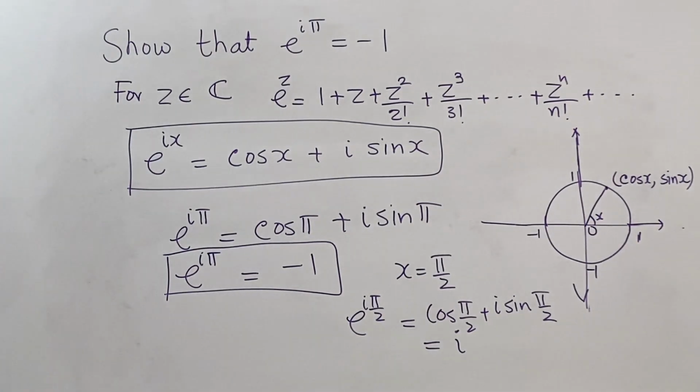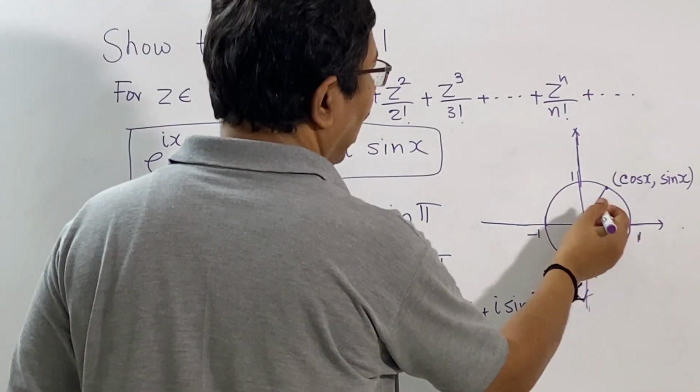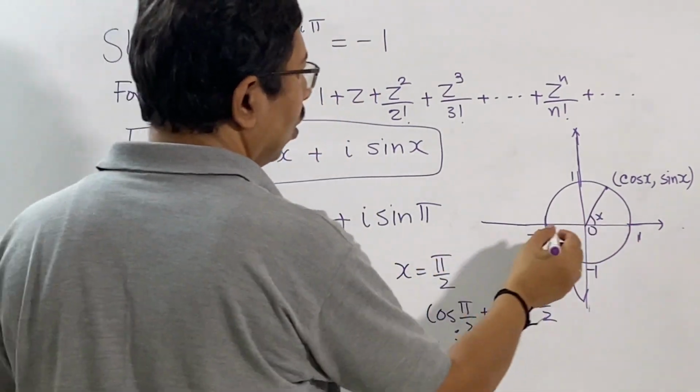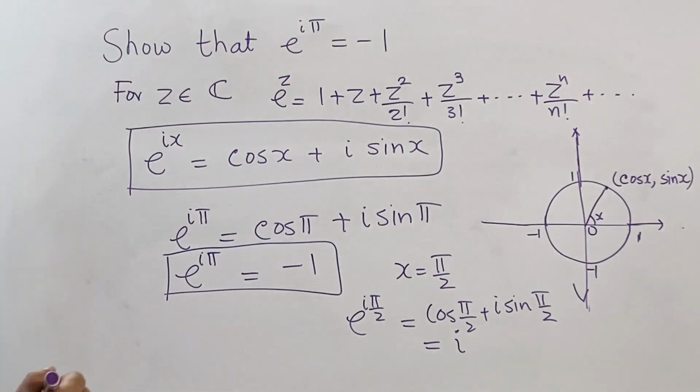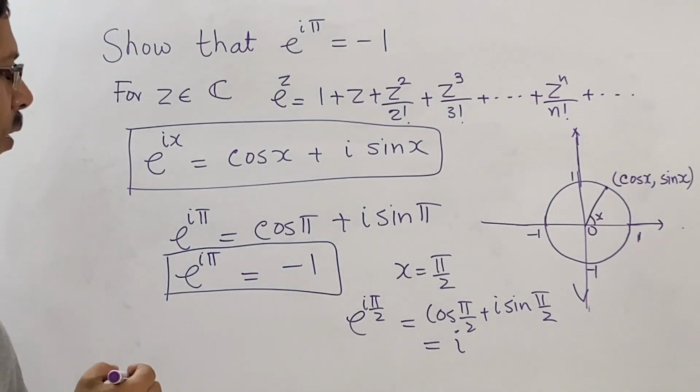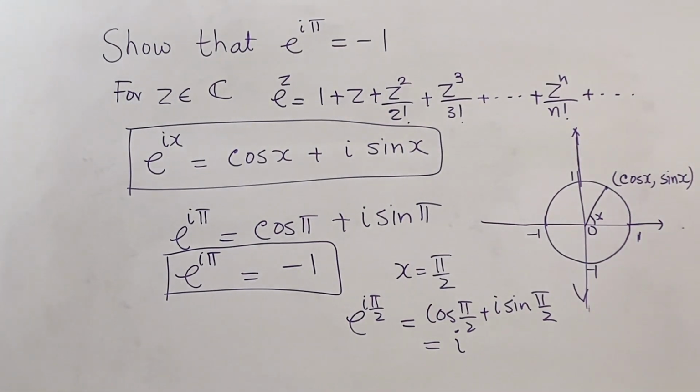That means we can think of i to be a rotation in an anti-clockwise direction by an angle of pi by 2 radian or 90 degrees. So we can think of i to be an operator which takes any point on the unit circle and turns it through an angle of 90 degrees.